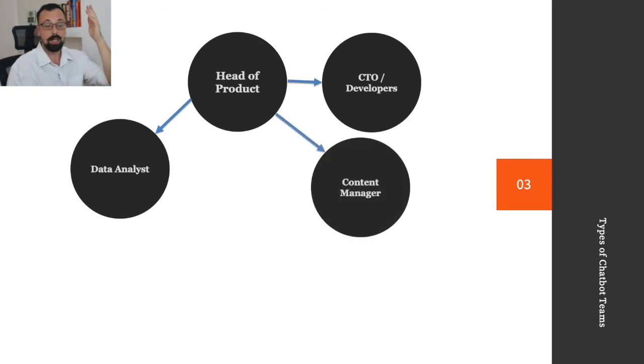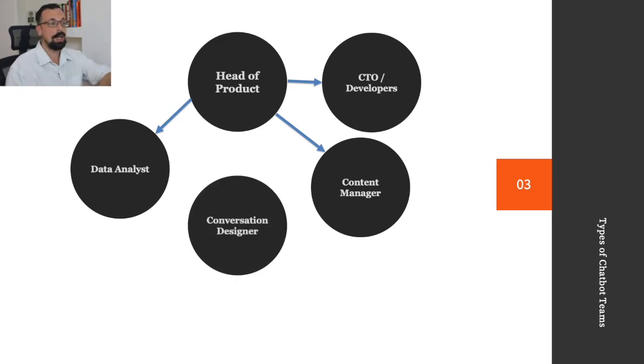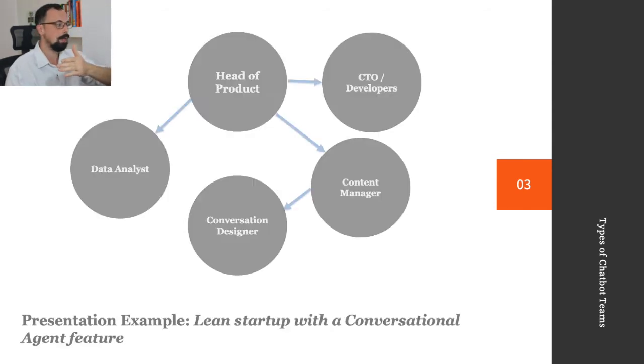They might have a content manager if they have already established a marketing team. And then there is you, the conversation designer. Now, your role might fall directly under the head of product, depending how hands-on they are, or you might be located in the hierarchy of the company under the content manager.